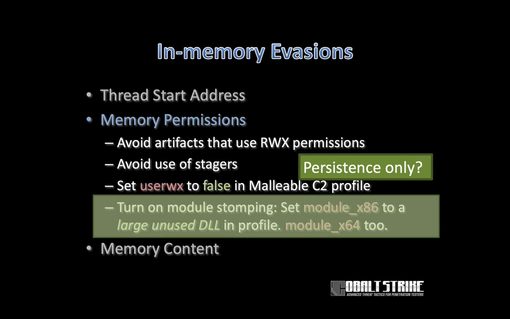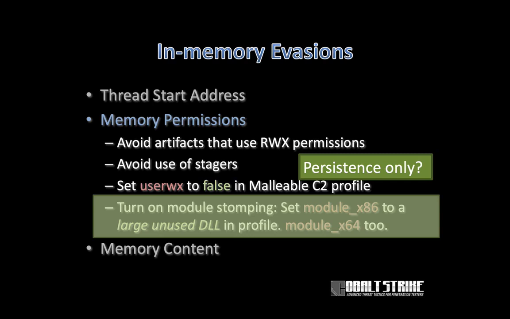The other problem with module stomping is you now have this very odd DLL that's not used in many places being loaded everywhere your beacon is being loaded. For this reason, I would not use module stomping in my daily driver post-exploitation payload.